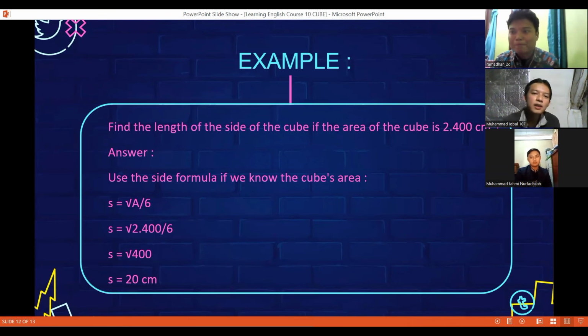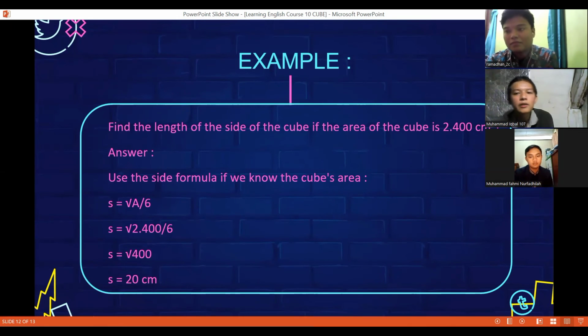I have an example about how to find the length of the side of the cube if you know the surface area. Find the length of the side of the cube if the area of the cube is 2400 square centimeters. So we're going to use the side formula that we found before.